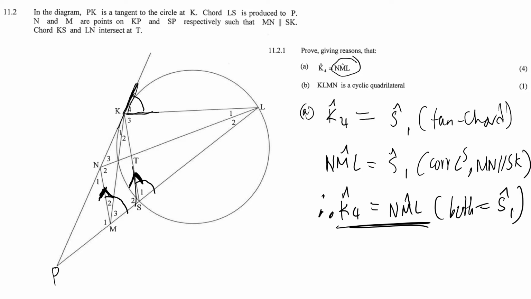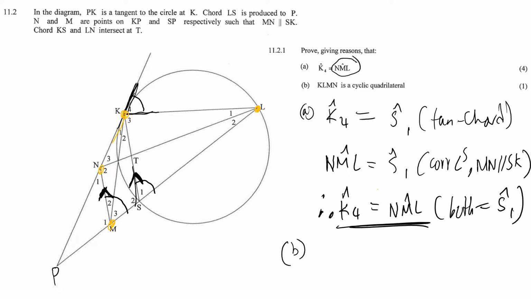Okay, B, they want us to prove, giving reasons, that KLMN is a cyclic quad. It only has one mark. So it's a follow-up question after A. Let's go and check this. KLMN: we have K there, L there, M there, and N there.